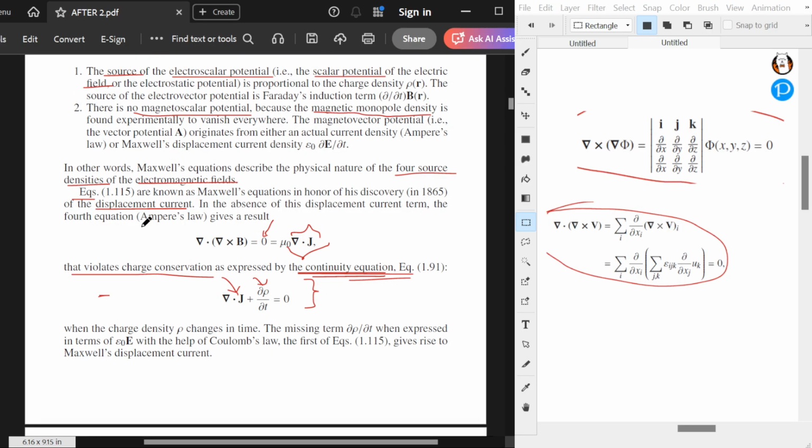It gives a result that violates charge conservation when the charge density changes in time. The missing term, del rho del t, when expressed in terms of the electric field with the help of Coulomb's law, gives rise to Maxwell's displacement current.